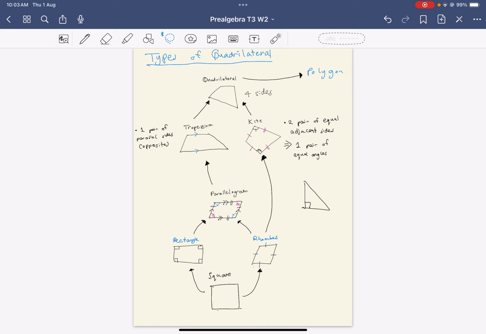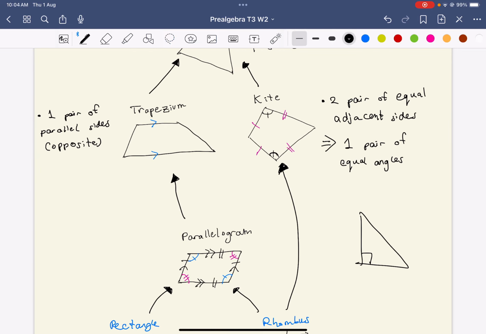The side opposite the right angle. But because it's the side opposite the right angle, it becomes the longest side as well. It's not by definition the longest side. The definition is just the side opposite the right angle. But a result of that is that it's the longest side. So that's kind of similar to that.